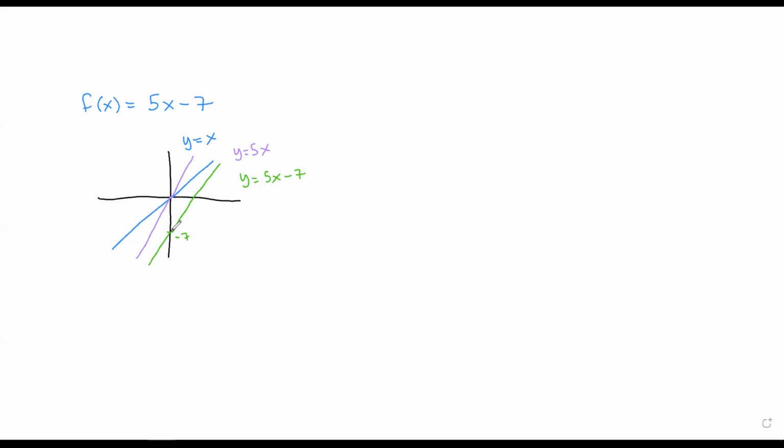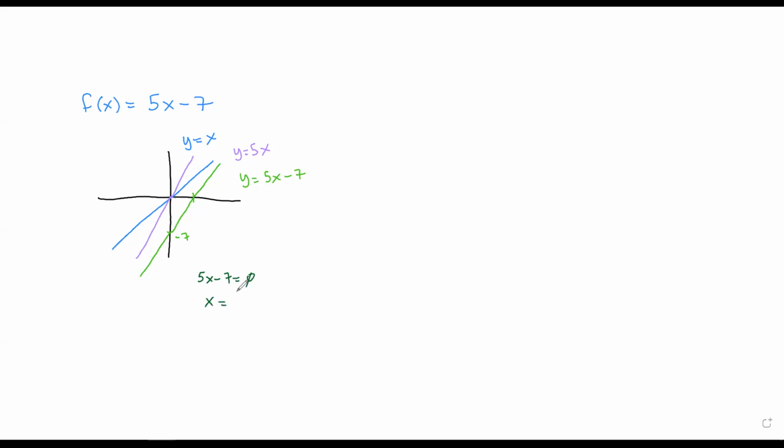So that is our function there. And to find that intersection, 5x minus 7 equals 0.